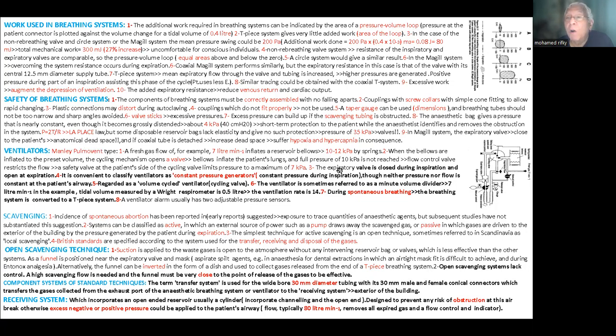Of course, we must keep in mind that the inner tube of the coaxial tube, if it is detached, will increase the dead space of the patient. And the expiratory valve, whenever it's nearby the patient in the McGill system, definitely decreases the dead space.